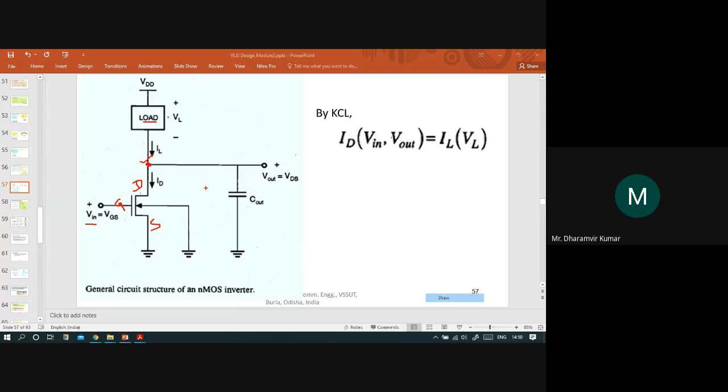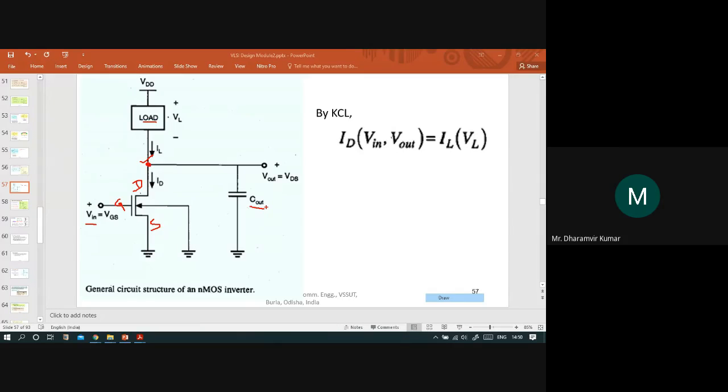We will have an output capacitance present at the output terminal, between the output and the ground. This will be taken into consideration when we perform the dynamic or switching characteristic.